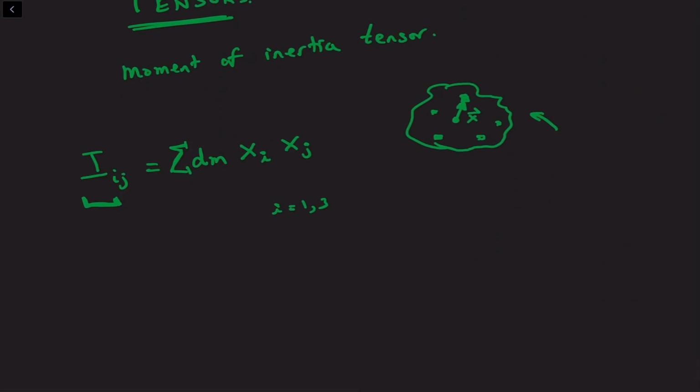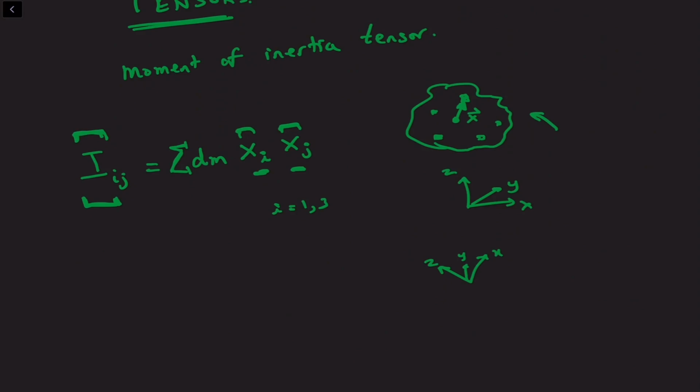Now, you can clearly see that the components I_ij depend on your choice of axes x, y, and z. So if I choose a different set of axes x', y', and z', then I would have to rotate my x coordinates, and therefore I would have to correspondingly transform the moment of inertia tensor.